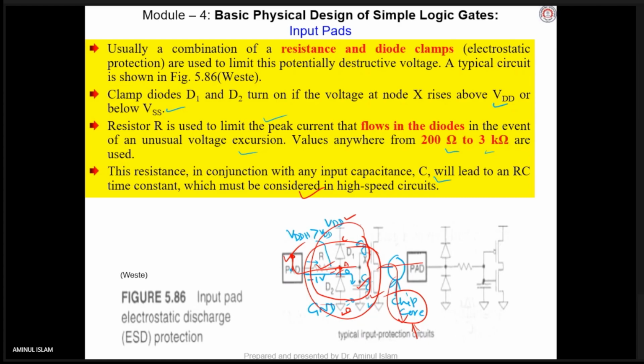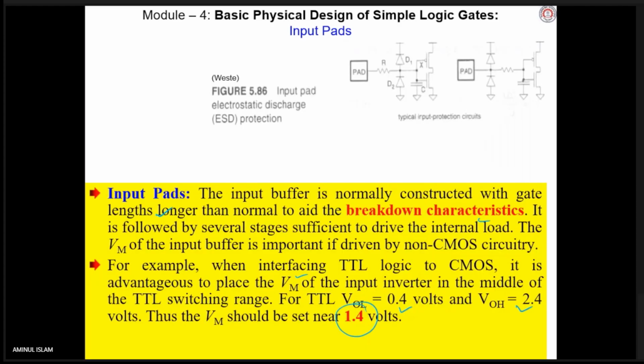Yes, sir. Okay. The input buffer is normally constructed with a longer gate length. L of the transistor should be longer to aid the breakdown characteristics, so that punch through should not occur, as we have already said. It is followed by several stages sufficient to drive the internal load. The VM of the input buffer is important. Why important? We'll see.